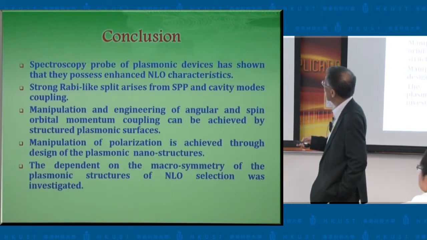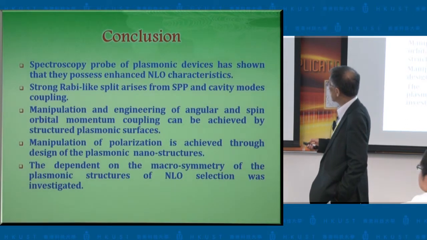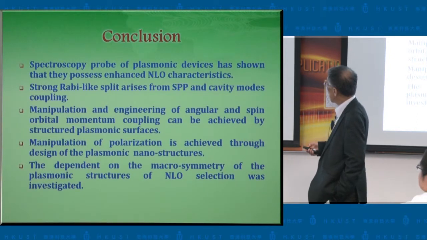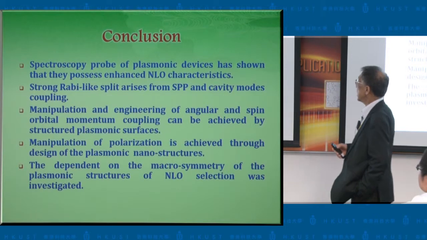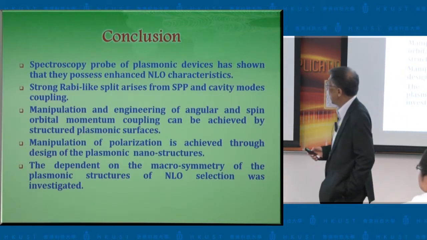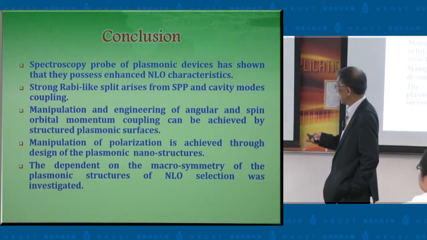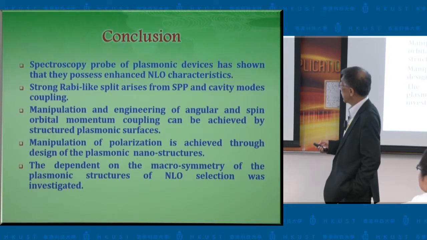So in conclusion, we have designed some plasmonic devices and shown that they can enhance the nonlinear optical properties of the material, and particularly we introduced some active materials there. We also showed that we can generate Rabi splitting from the coupling of the SPP to the cavity modes.